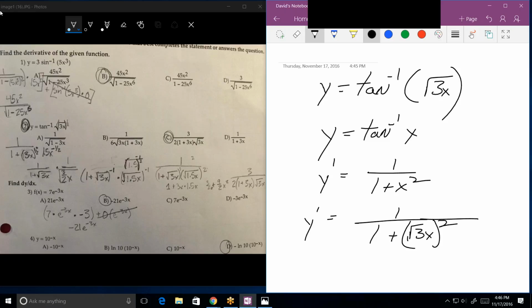And then I have to multiply it by the derivative of the inside. In other words, what is the derivative of square root of 3x? In other words, you have to apply the chain rule here.